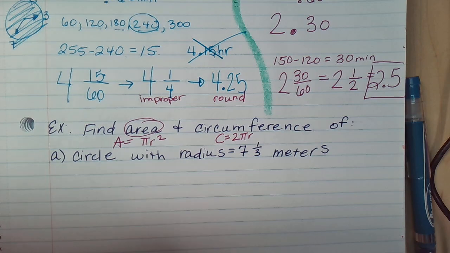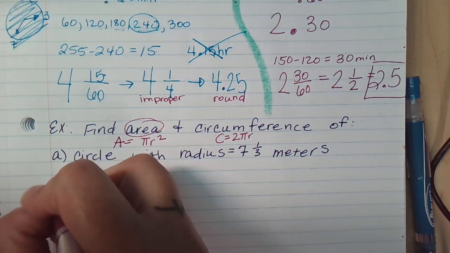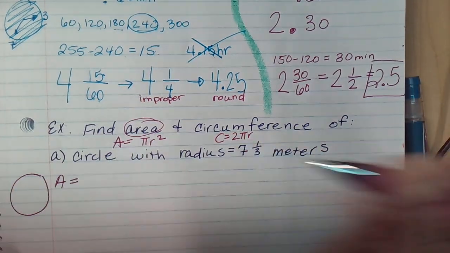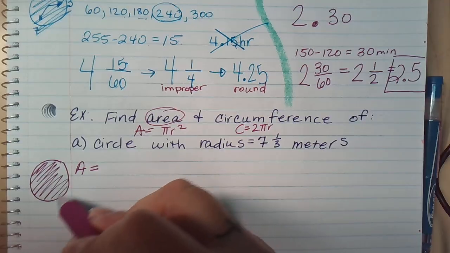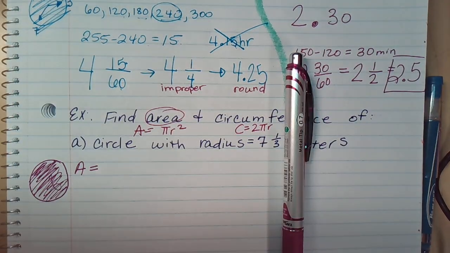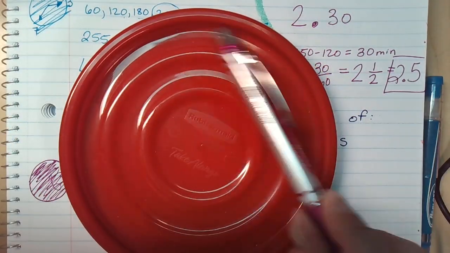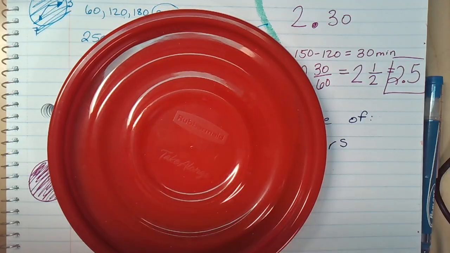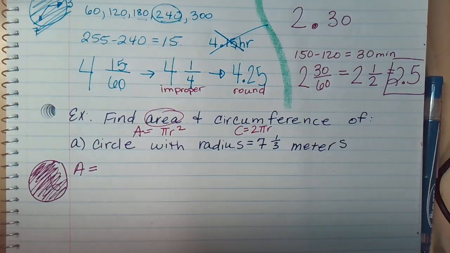First let's find the area. Area means how much of that circle, what's the surface area? If I'm looking at this lid, area is all this stuff. Circumference is just the edge around.